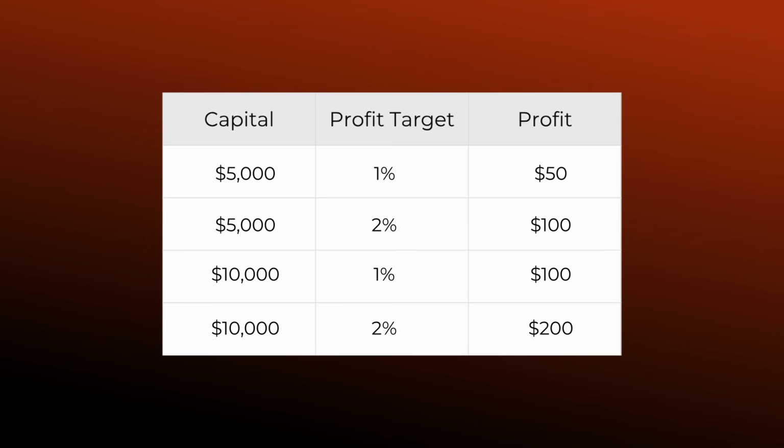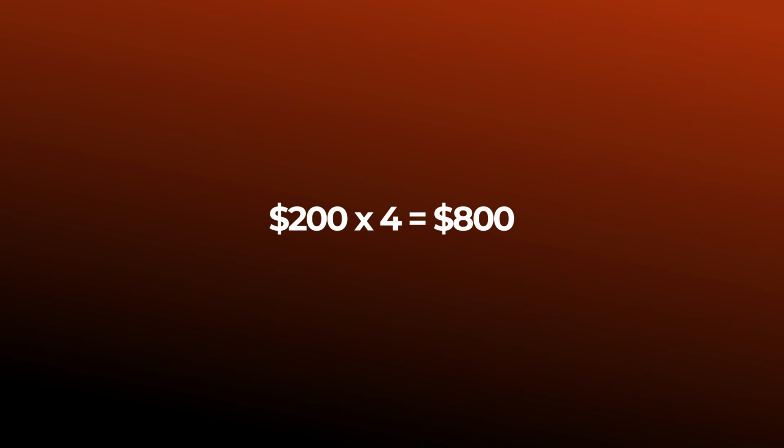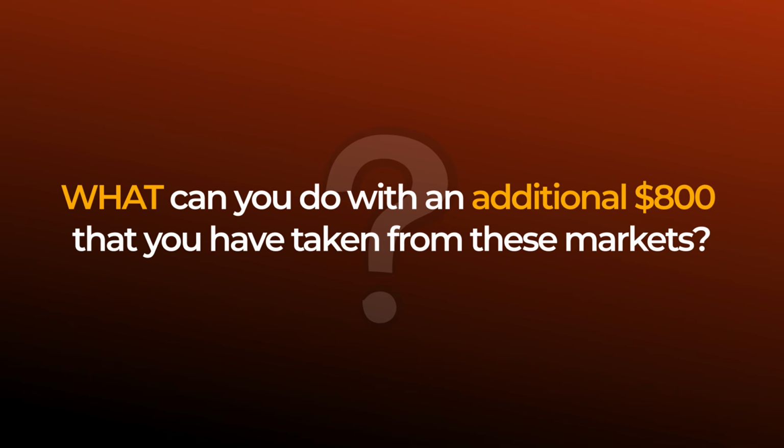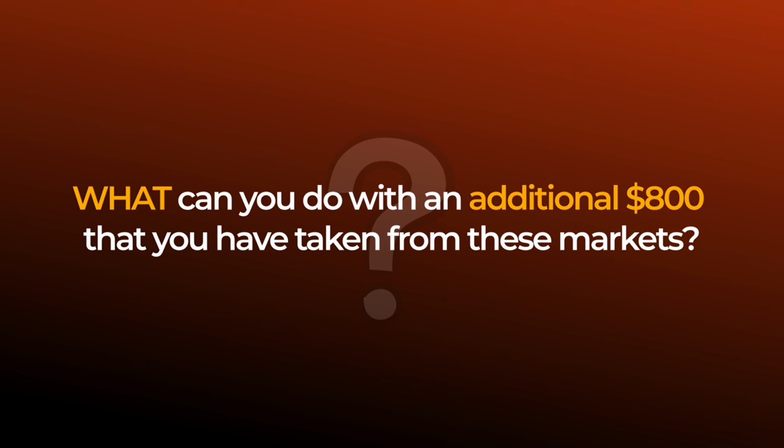If you did this 4 times in a week and you started with $5,000 and you're trying to make $50 a day, well, that's $200 in the week. 2 times 4 is $800. You just made $800 in a month in a 28-day period. Now, what can you do with an additional $800 that you have taken from these markets, that you've made money off money?